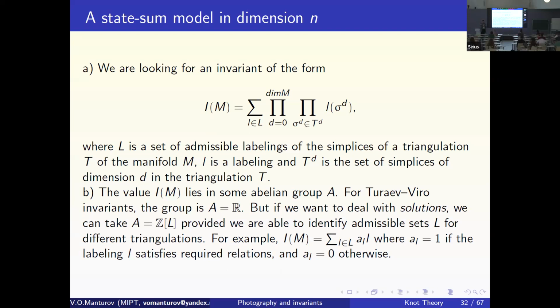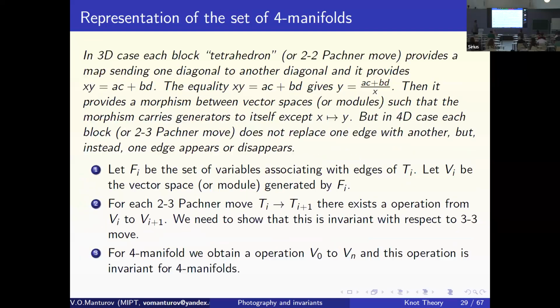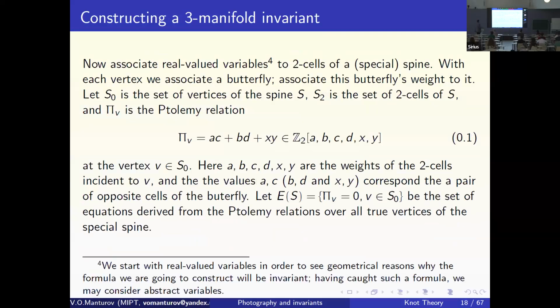So if we have 4 points and the quadrilateral is inscribed, then we are happy. Otherwise, we're unhappy. And you see, we can look at the Biedenharn-Elliott equation, which looks like this.